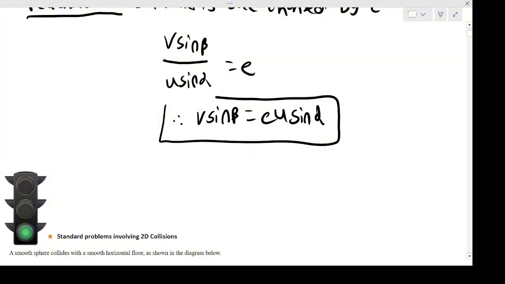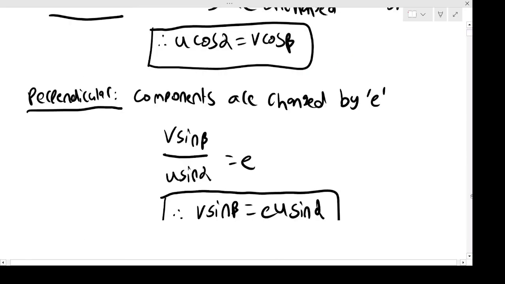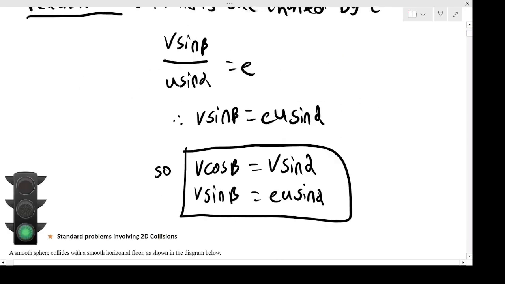And that's my second equation. So if I now rewrite the first one here, just to bring it down, we're going to be using these two equations all the time in this section, okay?